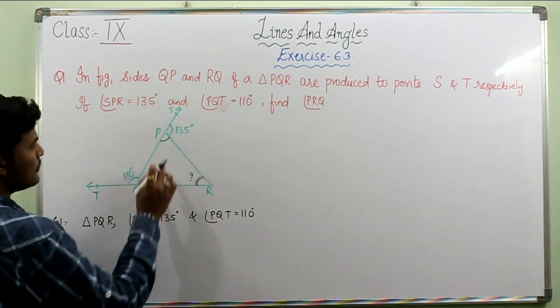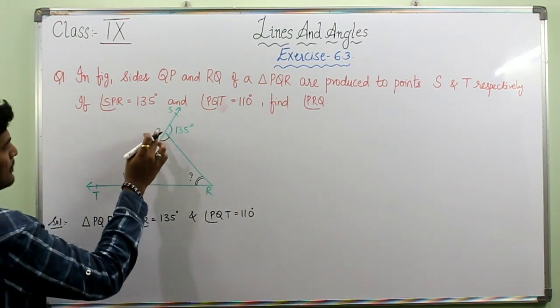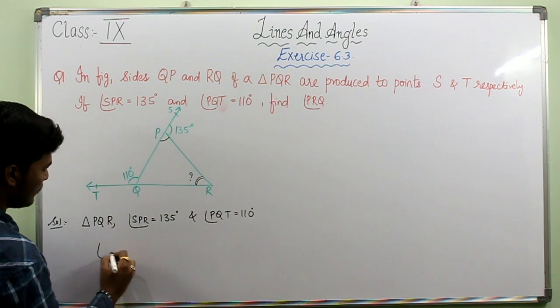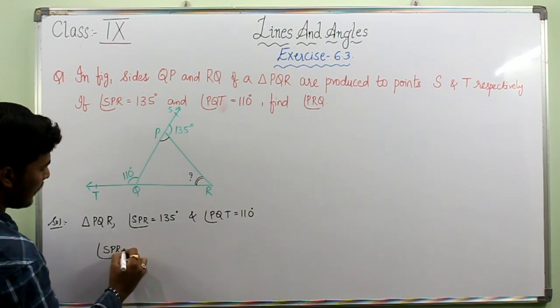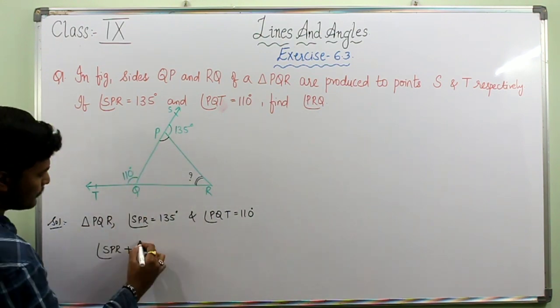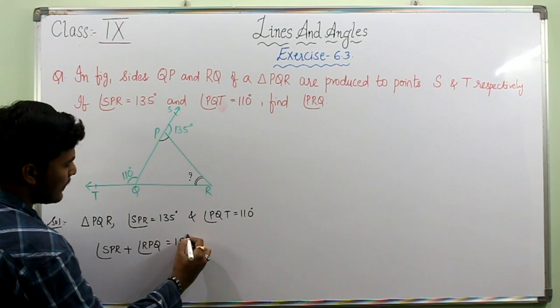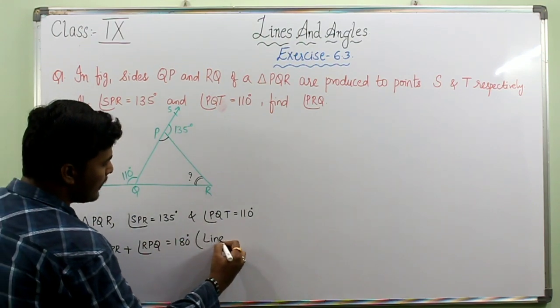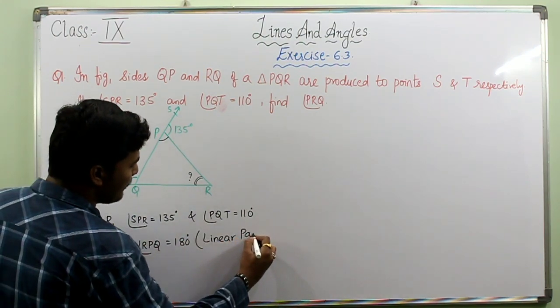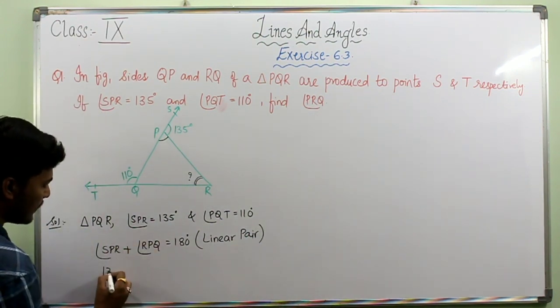Okay, so let us take this first linear pair, that is SPR plus RPQ is equal to 180 degrees because they are forming a linear pair. Okay, so SPR we have as 135 degrees.